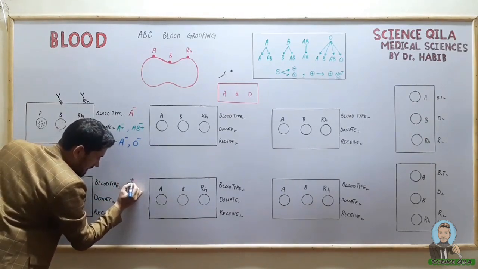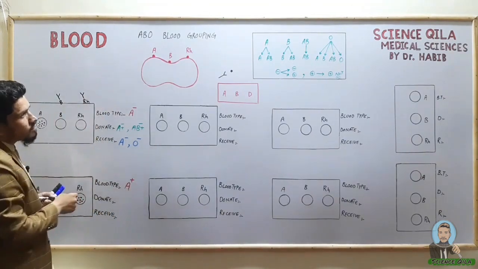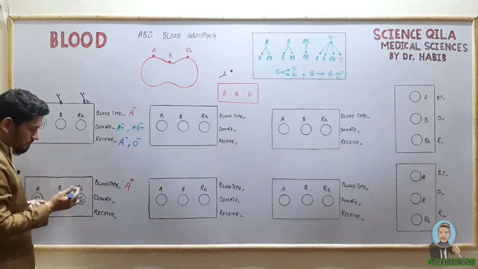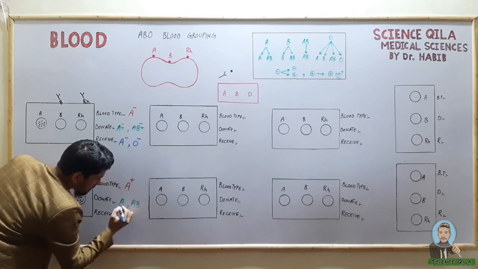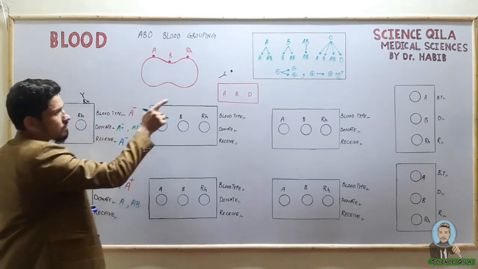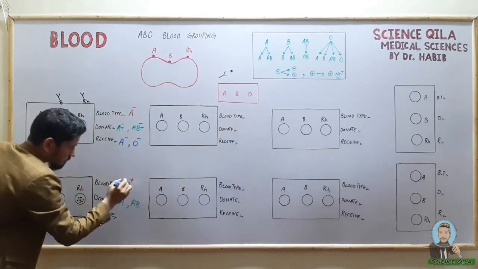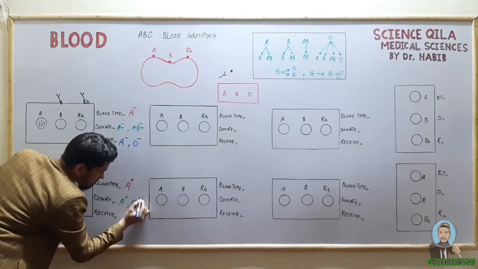So we'll type the blood as A positive. Donate: the rule is that A can donate to A and AB. And the rule for positive is that positive can only donate to positive. So A positive can donate to A positive and AB positive.